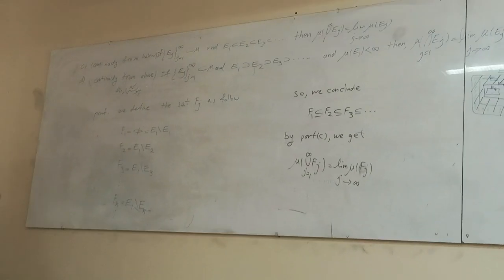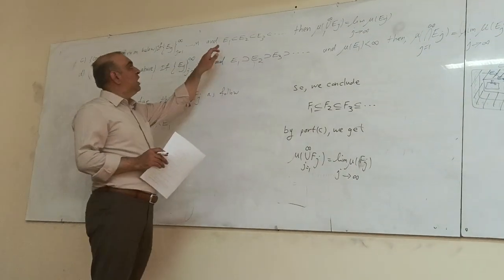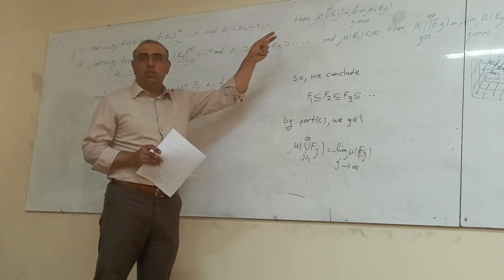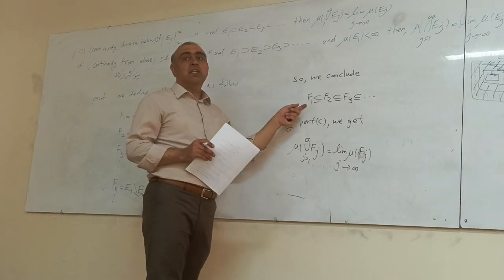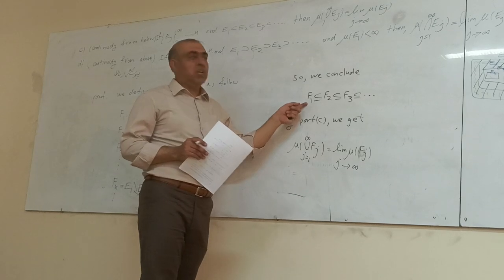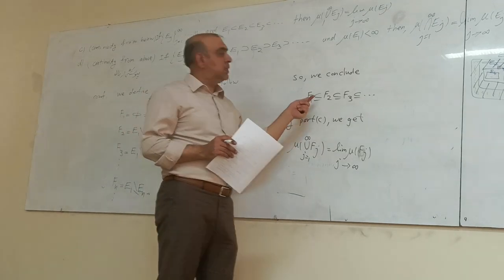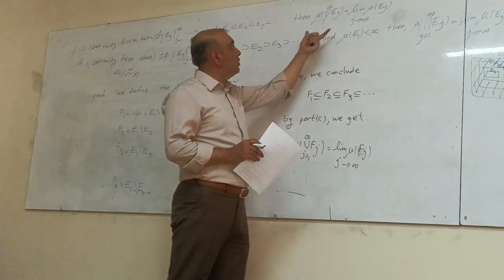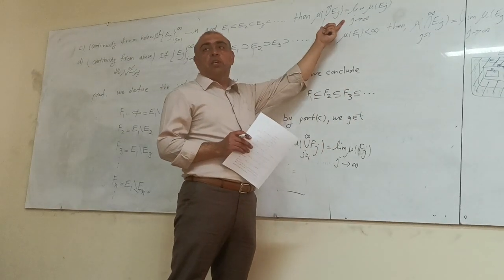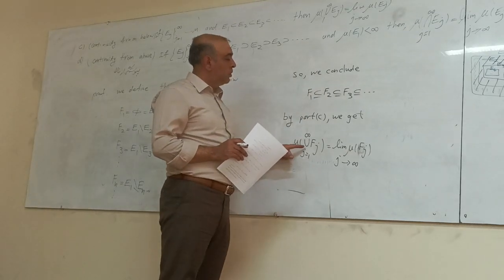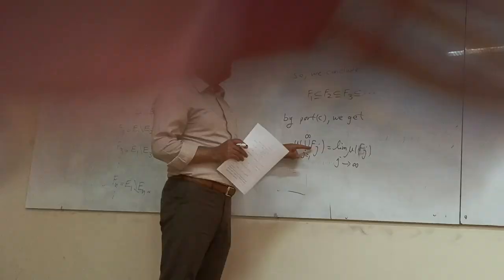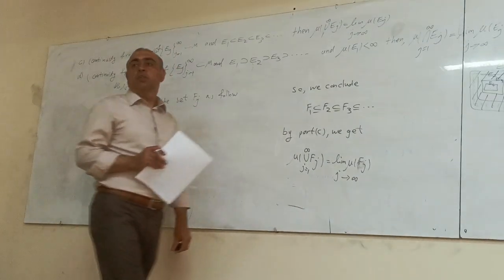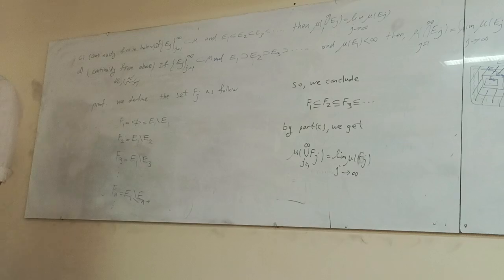In part C, E1 is a subset of E2, E2 is a subset of E3, and so on. We construct the sets Fj such that F1 is a subset of F2, F2 is a subset of F3, and so on. So we can use this: mu of union of Fj is equal to limit of mu Fj.